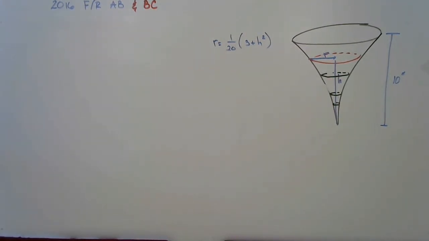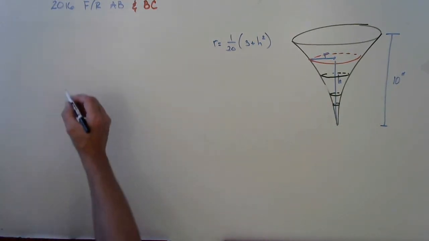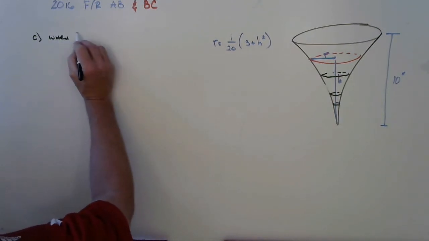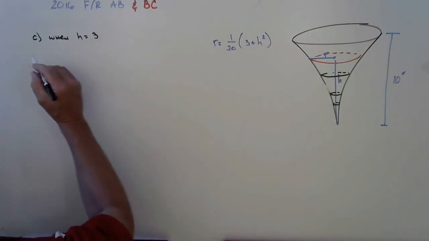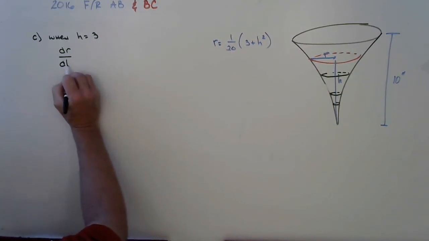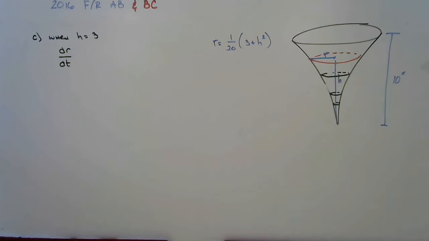So what do they ask us in part C? The funnel contains liquid that's draining from the bottom. At the instant when the height is 3, the radius is decreasing. So, this is part C, when h equals 3, the radius is decreasing. That's a derivative, right?